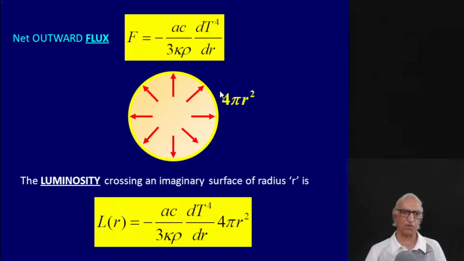I'm dividing by 4 pi r squared, taking 4 pi r squared to the right-hand side, and I have written a formula now for the luminosity L of r crossing an imaginary surface whose radius is small r, which is given by minus a c divided by 3 kappa rho d by dr of T to the power 4 multiplied by the surface area of that imaginary sphere. a is Stefan's constant, kappa is the opacity of the star, mass absorption coefficient per gram of material.